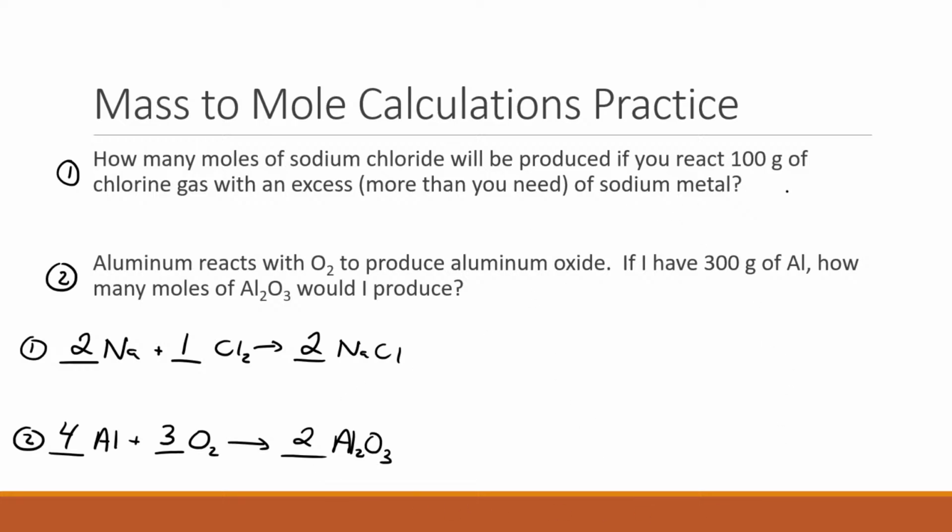And also, to be nice, let me give you these numbers off the periodic table. Chlorine rounds to 35.5. Aluminum rounds to 27. Now I'm going to give you about a minute, minute and a half to try to solve these two problems, and then we're going to go over them.